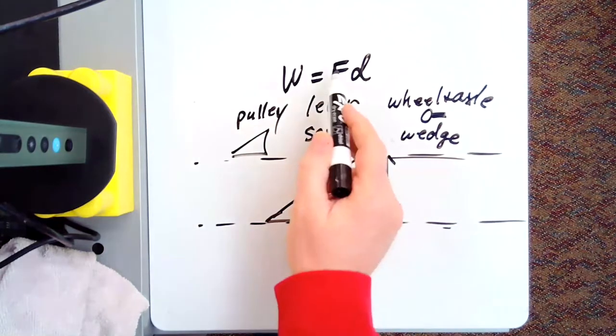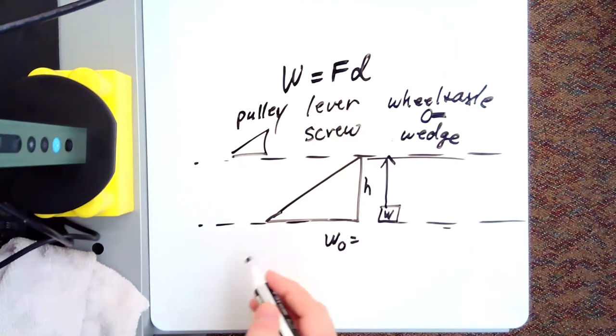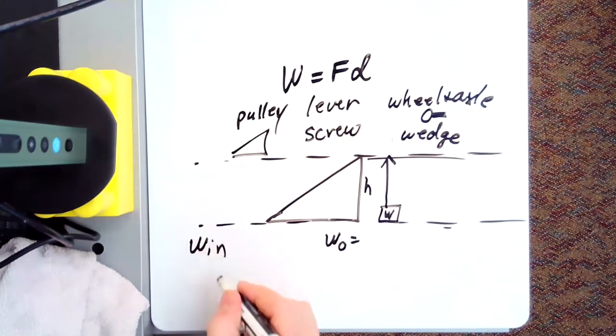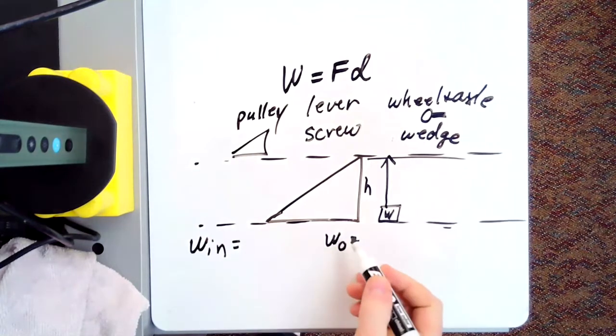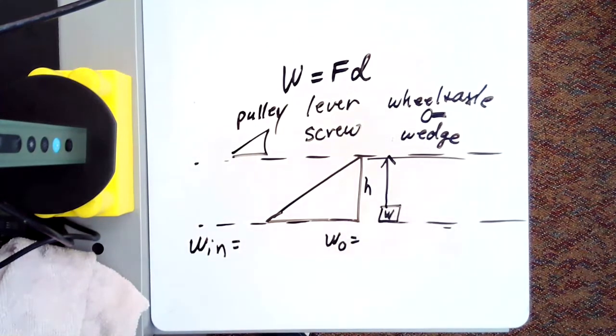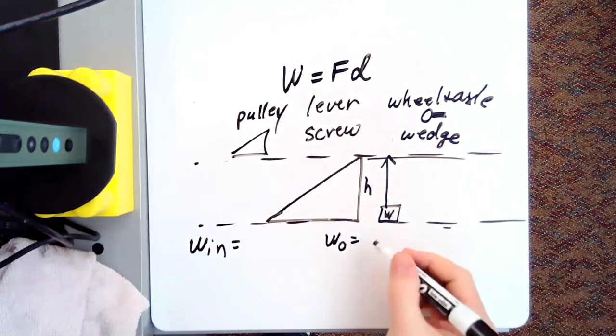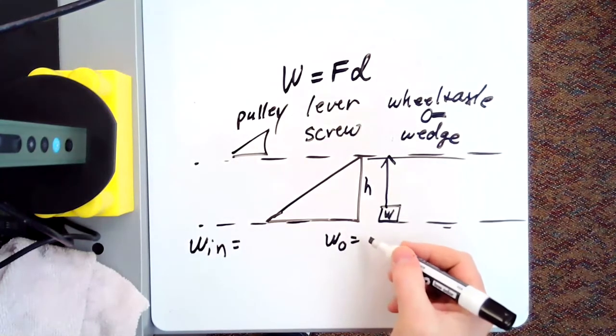So work is force times distance, but I'm going to do a work output and I'm also going to do a work input. And they're both force times distance. So how am I going to know which force and which distance I'm using? We're going to put little subscripts on the F and the D, so we know. Work output is always going to be the weight of the object, but we're not going to put W because that will be confusing.